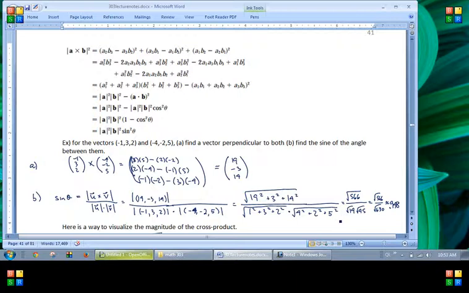And if you're curious, we can actually figure out what theta is. Theta was 1.246, and that's in radians, or 71.4 degrees. It was about 71 degrees. That's just a little extra. So that's the calculation.